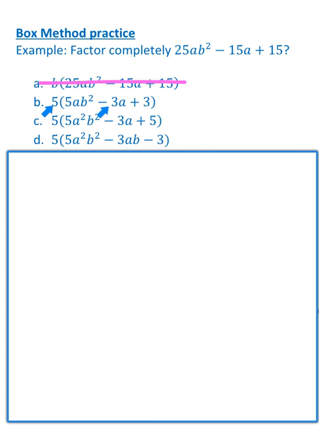Well, 5 times negative 3 is negative 15, and that a is represented by that term. And then the last one would be positive 5 times a positive 3, which would give us a positive 15. So just using some math sense, I can see that B would be my answer in this problem. But you could always do the work to check to make sure that it is correct.